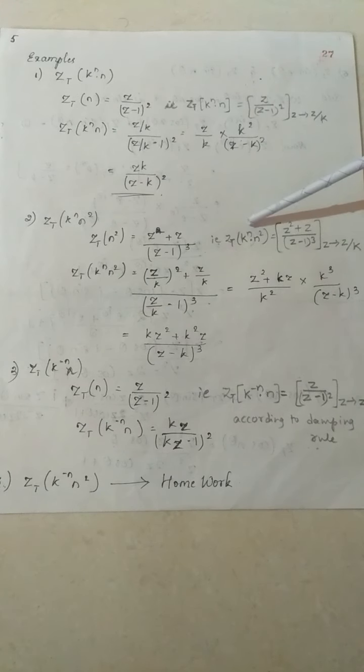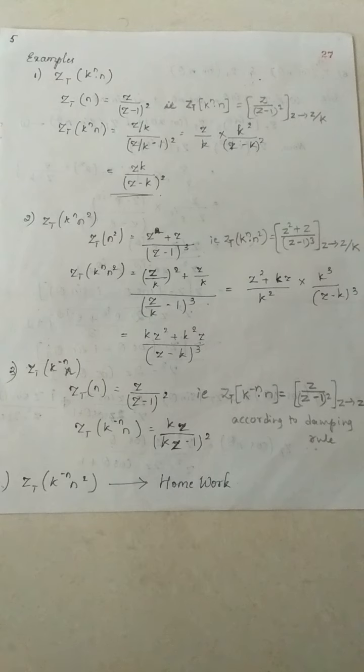Replace z by k. So now in the numerator replace z by k whole the square plus replace z by k. Similarly in the denominator also we are replacing z by k. So when you simplify numerator and denominator, we get the answer kz square plus k square z upon z minus k whole the cube.